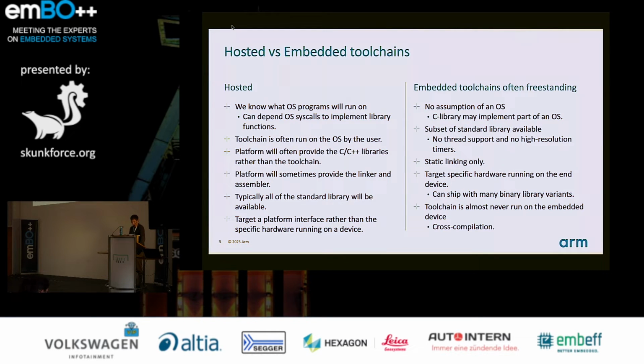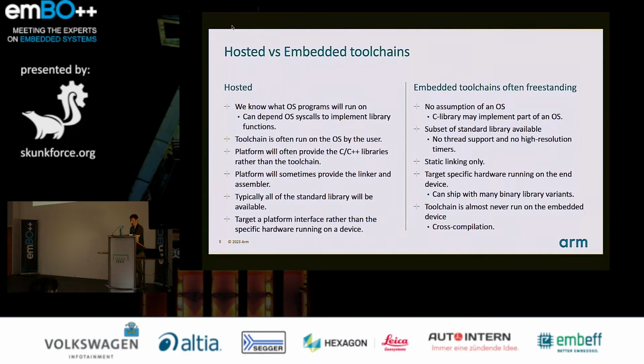There is a freestanding definition in C++ that says this is the minimum that you need to provide, although it doesn't necessarily have a maximum. So you'll find that the C libraries for an embedded toolchain include a bit more than what is in the C standard. And one of the advantages you have as an embedded system is that you can typically target precisely the hardware that you're going for and not a platform of some sort.